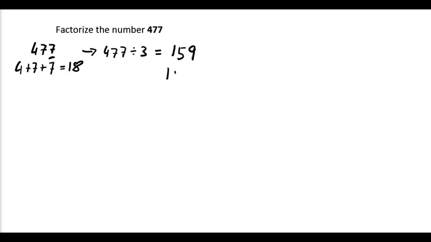We've got 1 plus 5, that gives 6, plus 9, that gives 15, and 15 certainly is divisible by 3, so we know that 159 can be divided by 3, and this would give us 53.